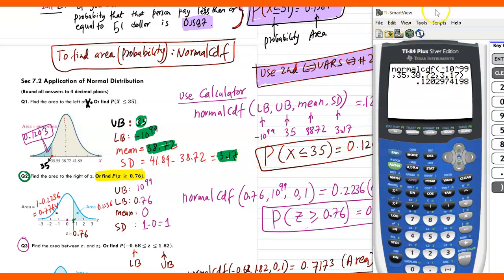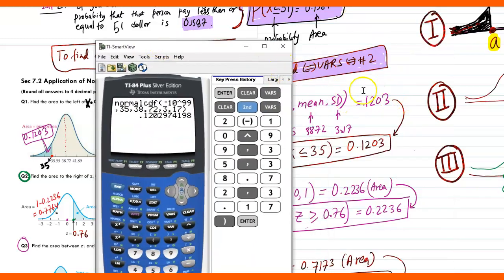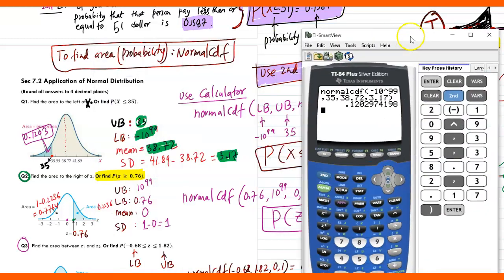Okay, and that's how we have this number here, and that's the area. 0.1203 is this area. In other words, it is about 12%. Remember that if you consider the whole area 100%, this little shaded area is about 12% of the whole area. Okay, it makes sense too.